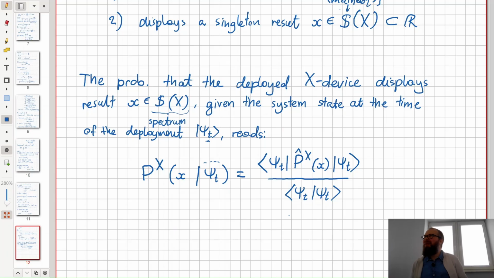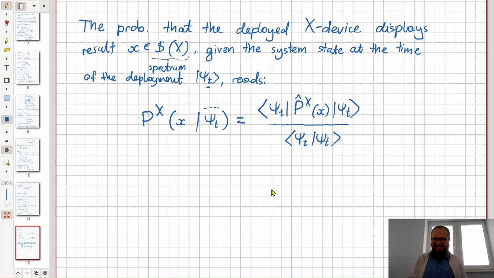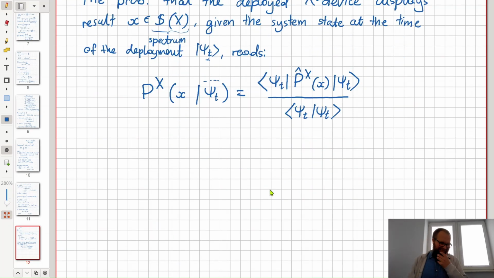You might say, oh, but the norm is 1. I never said that. I never said anything about the norm of our states, because I don't have to. You cannot force me.